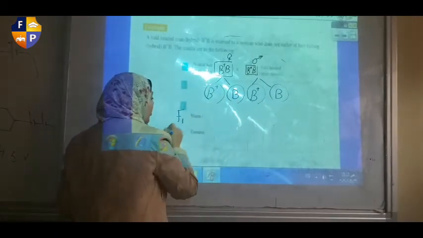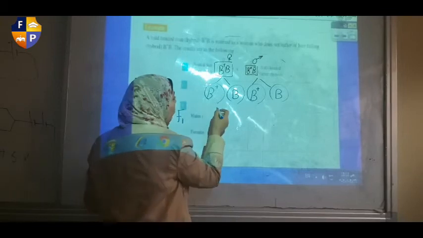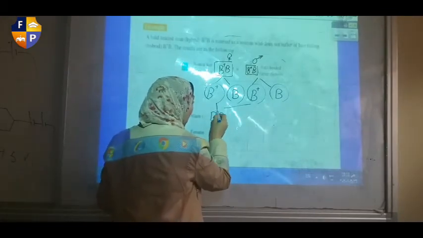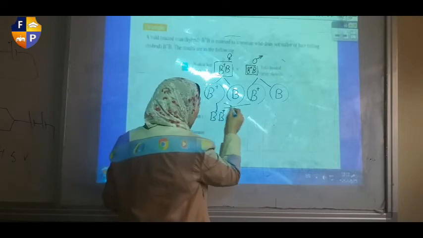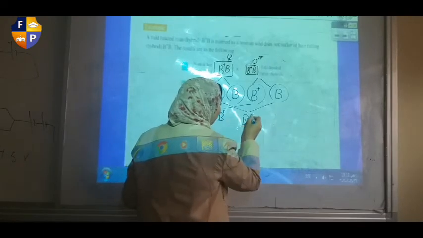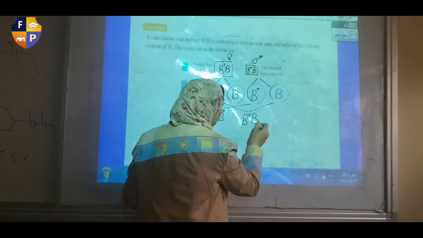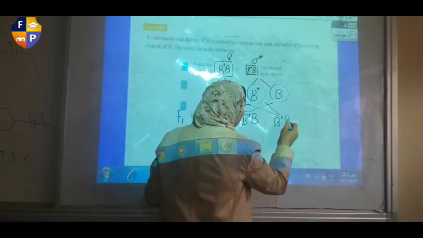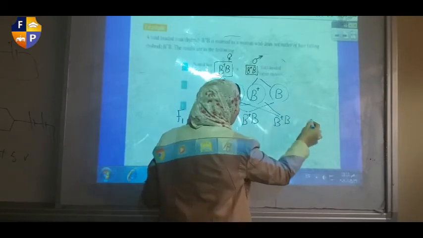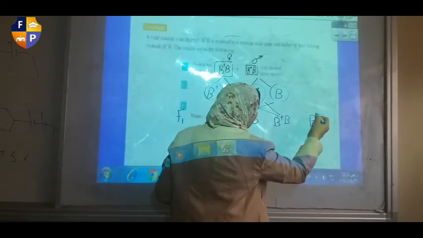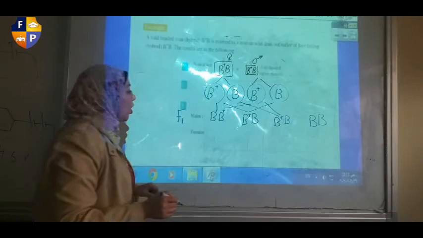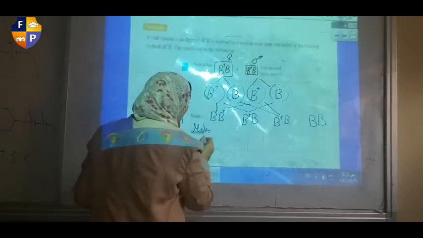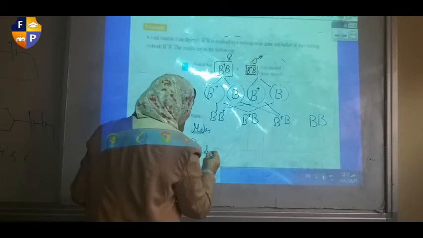After fertilization, the first generation will be B capital, B small, two signs positive, or B carrying a sign with B without, B carrying without, and B without any sign. This may be in male or in females.